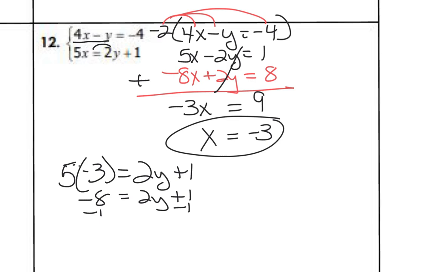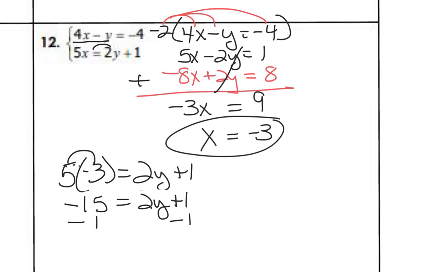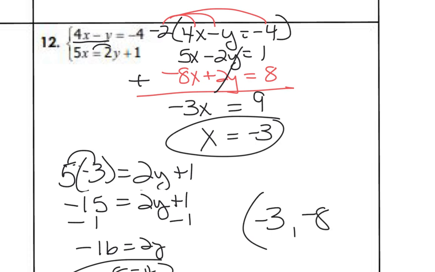Okay, and wait a minute. 5 times negative 3 is negative 15 equals 2y plus 1. Minus 1, minus 1. So negative 16 equals 2y. So negative 8 equals y. So my solution, negative 3, negative 8.